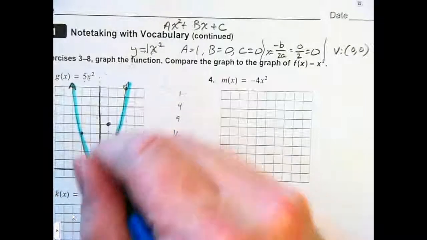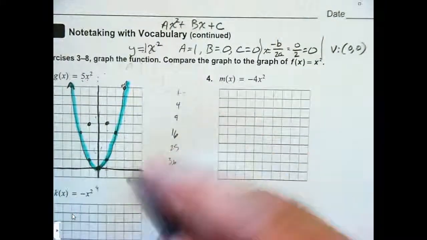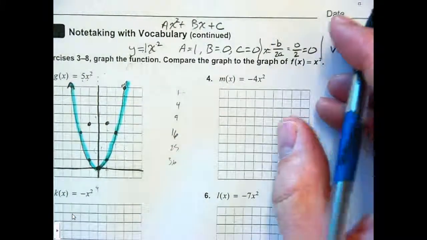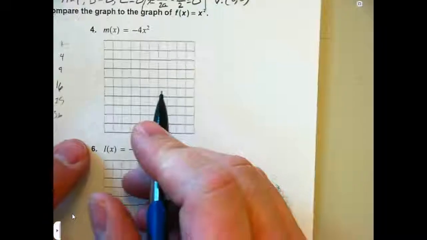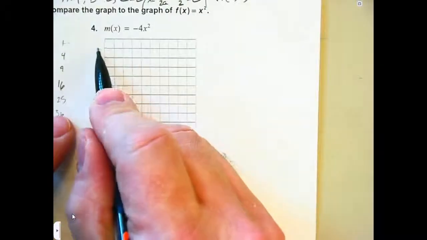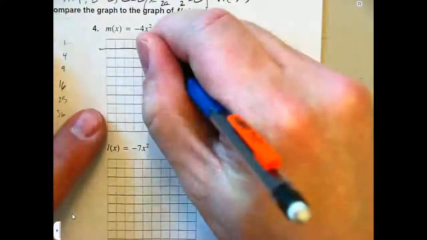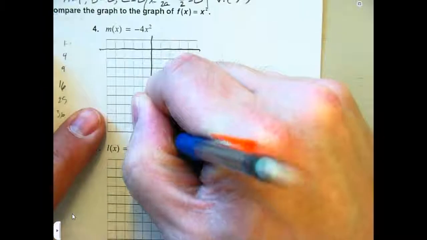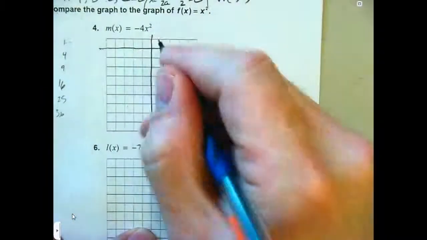Just so you know, once you find the vertex, that is always true. So if I look at this next graph, negative 4x squared, and I draw my axes here, I will tell you the vertex of this graph is still at 0, 0.